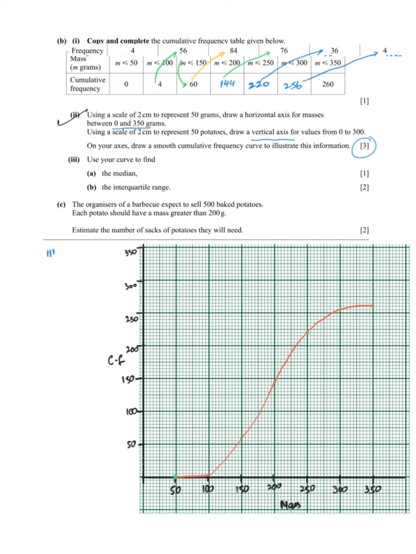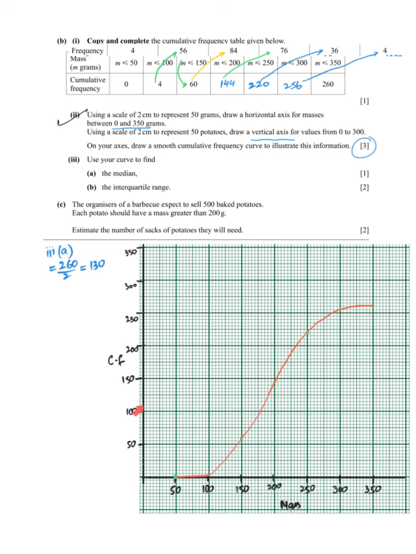So now it's part 3A. For the median, firstly it says total frequency divided by 2, and the highest frequency we have is 260. So 260 divided by 2 leads to 130, right? So let me find the value at 130. 130 will be where?